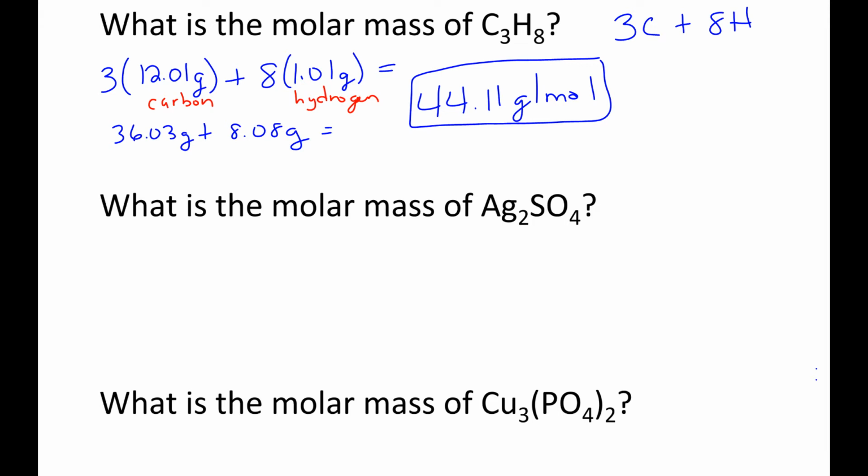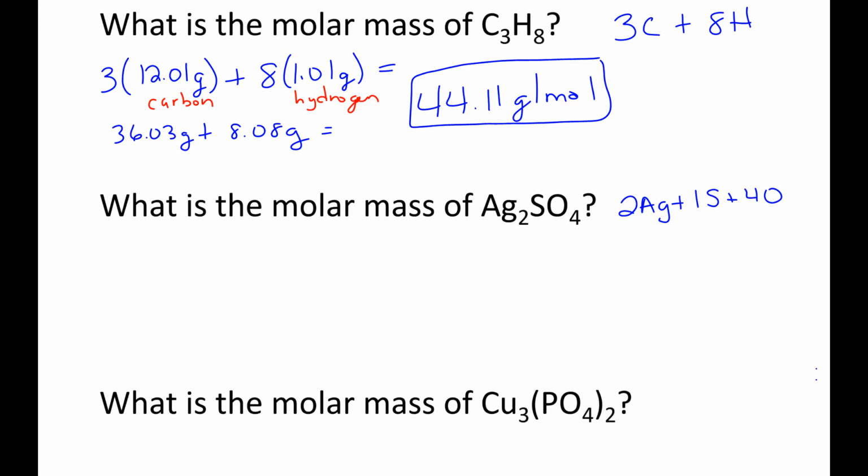Okay, let's do the next one. What is the molar mass of silver sulfate? Let's look at what we have. We have 2 silvers plus 1 sulfur plus 4 oxygens.